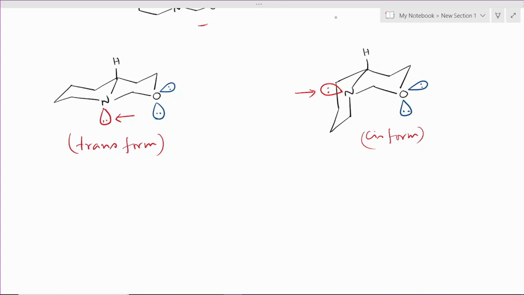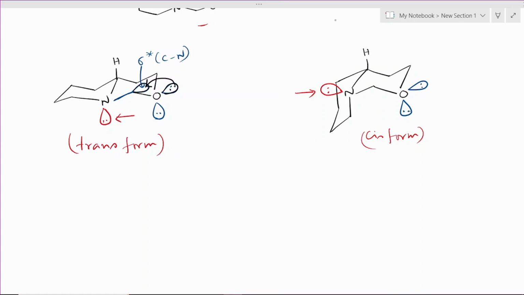Now what the anomeric effect tells is that this is the sigma bond between carbon and nitrogen, then the sigma star will be in such a way. So this is the sigma star of carbon nitrogen. If the lone pair of oxygen, that is here, and the sigma star of the carbon nitrogen bond, that is over here, are in parallel position, then this non-bonding electron interacts meaningfully with this sigma star.